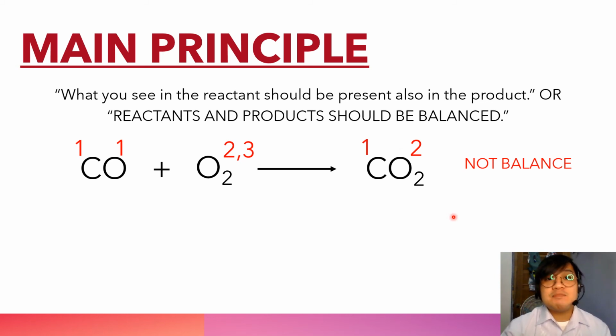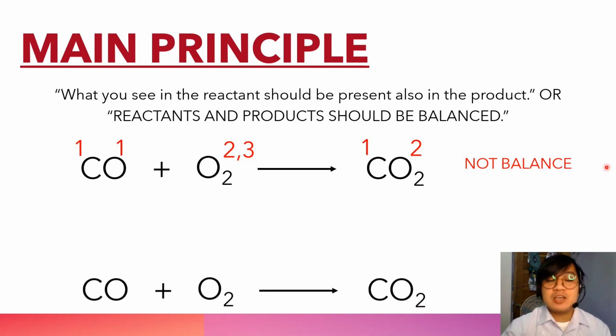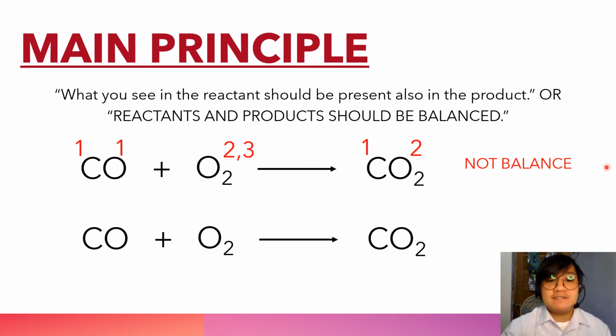Now, let's balance this particular equation. How will we balance this equation? Once again, I have here the equation: carbon monoxide plus oxygen, and the product is carbon dioxide. First thing first, you need to count again the number of atoms present in the reactants and in the product. After counting, try to balance it by putting coefficients to the particular elements.